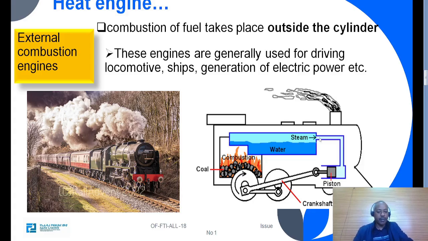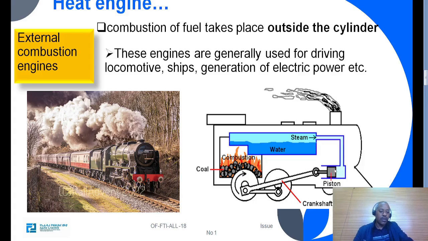This steam leaves the water container and enters the upper part of the piston. When it enters the upper part of the piston, it pushes the piston downward.